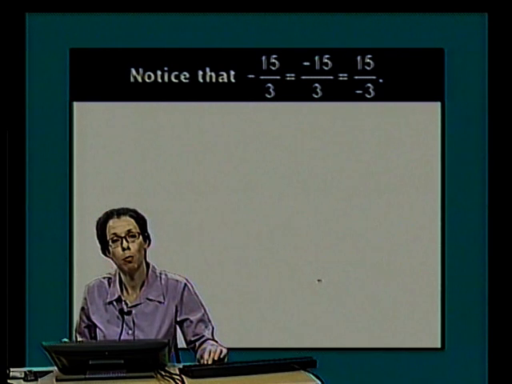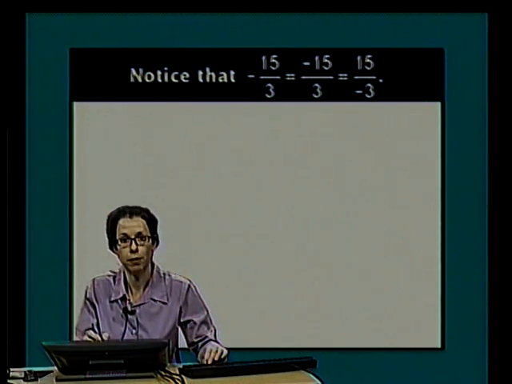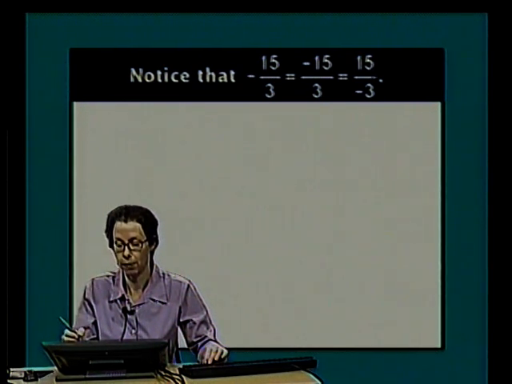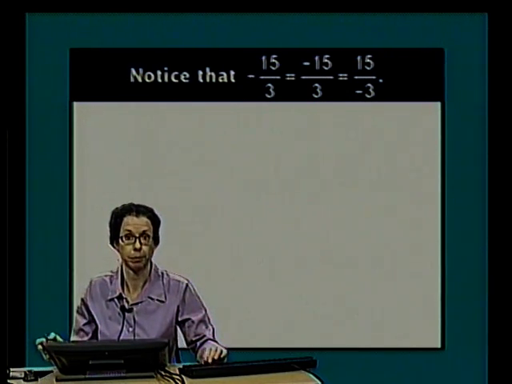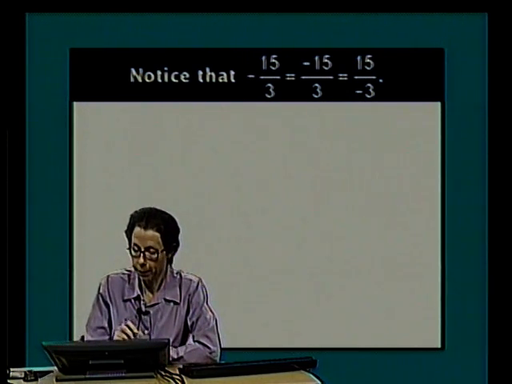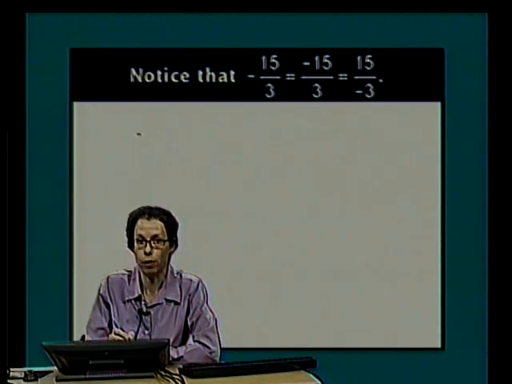Now, one of the things I want you to notice is that these 3 expressions, the opposite of 15/3, -15 divided by 3, and 15 divided by -3, are equivalent. We see situations like this in algebra all the time.